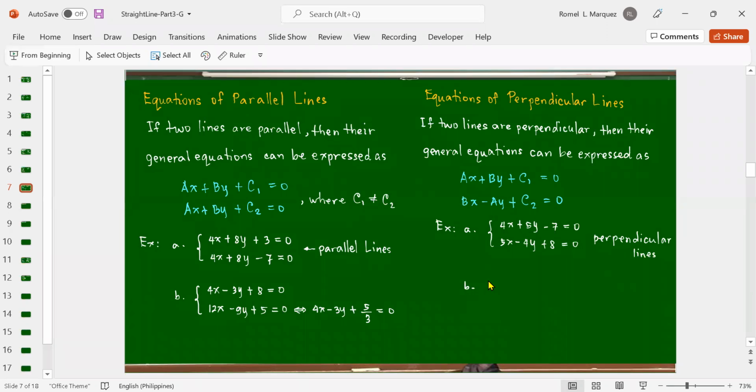What about this one? 6x minus 8y plus 5, then 8x plus 6y plus 5, each equal to 0. So these are also perpendicular lines.